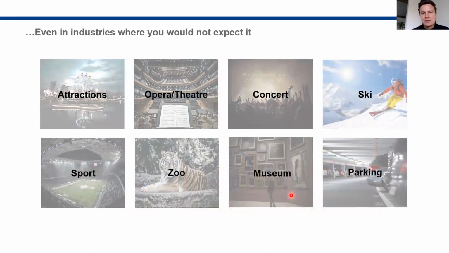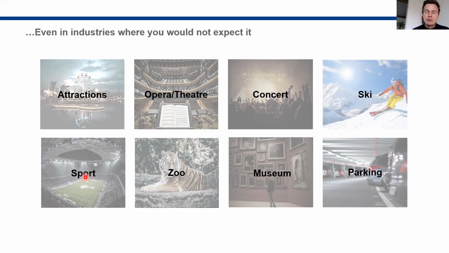And even in industries where some of you are aware and some of you might not be aware, the concept of a changing price for the same product is being used to optimize own business goals. We know the concept in the parking industry, we know it in the museum industry, we have zoo examples also in the webinar to show you. We have the sports example.